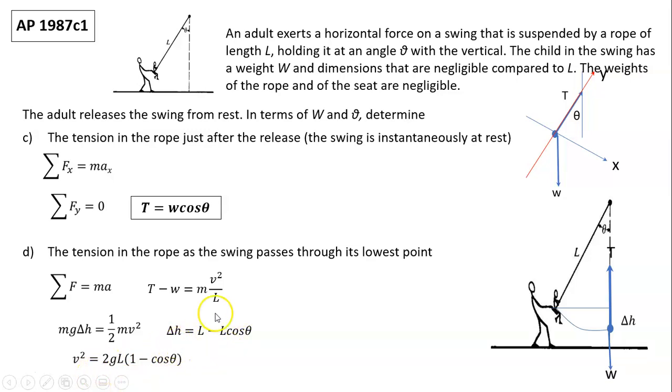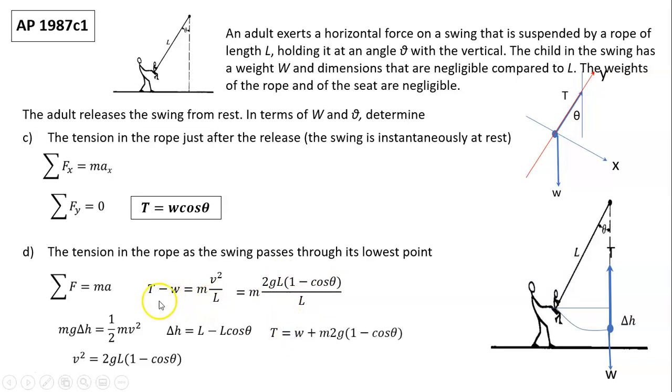Once we have v squared, we can substitute back into this equation. T minus W equals m v squared over L. That equals m times 2gL times 1 minus cosine theta, divided by L. This L and L cancel.